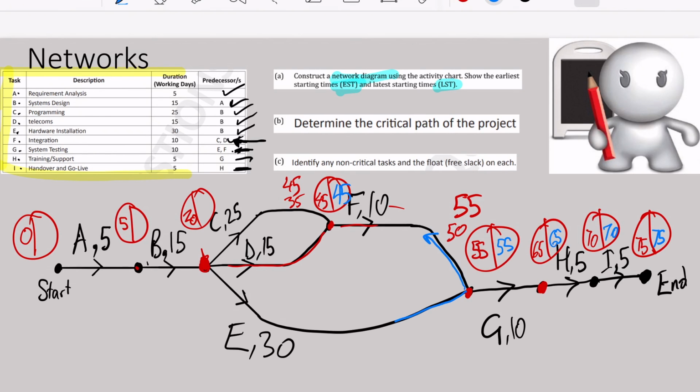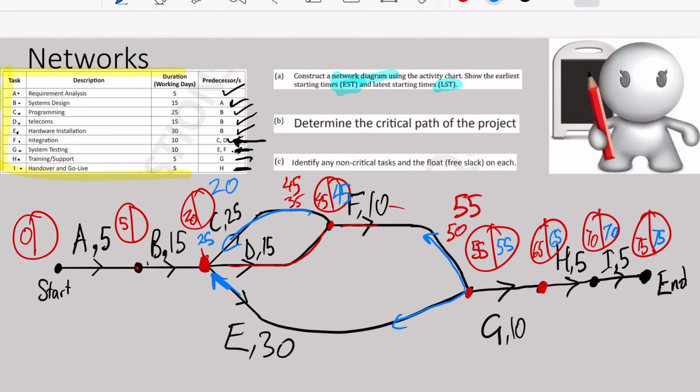If I head that way, 55 take away 30 will give me 25, but I'm going to write that on the outside because I can get to this point coming from this way, or I can get back from this way. All right, now 45, take away 25 is 20.